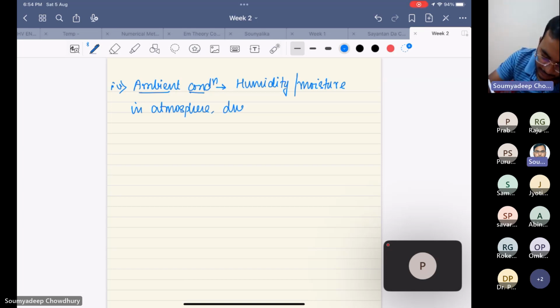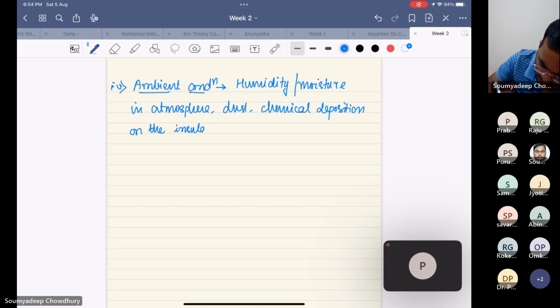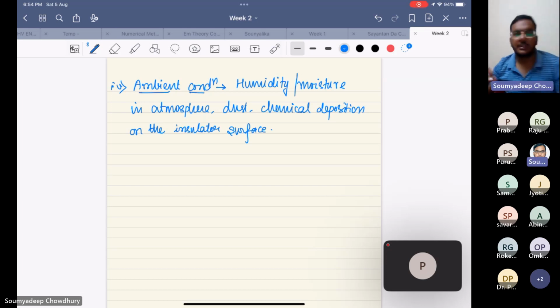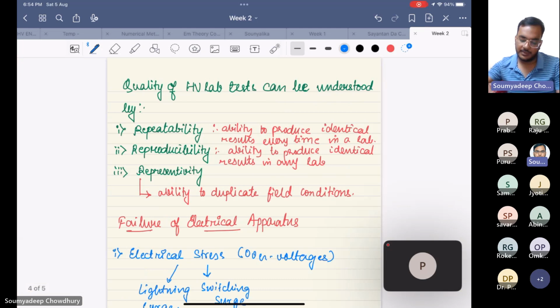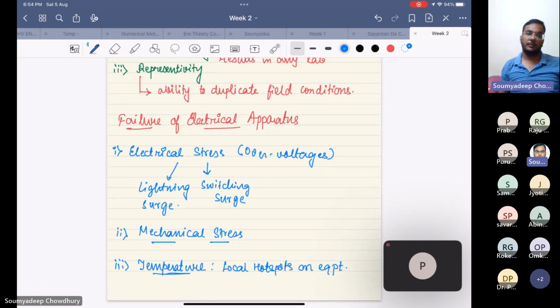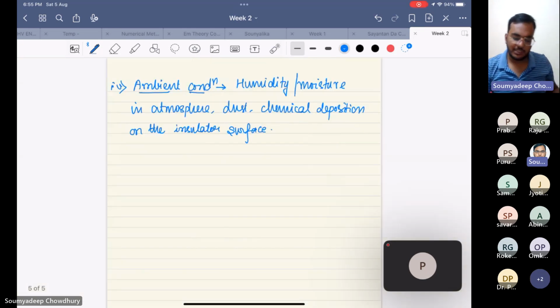Then we have dust and chemical deposition on the insulated surface. So these are the different ambient conditions. So the four different kinds of stresses which can cause the failure of an electrical apparatus are the electrical stress, mechanical stress, temperature stress, and the stresses due to the ambient conditions.